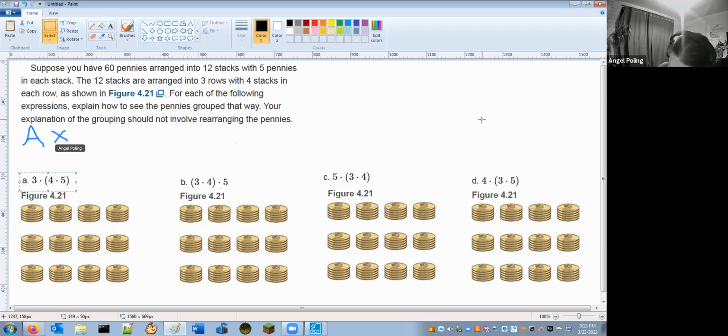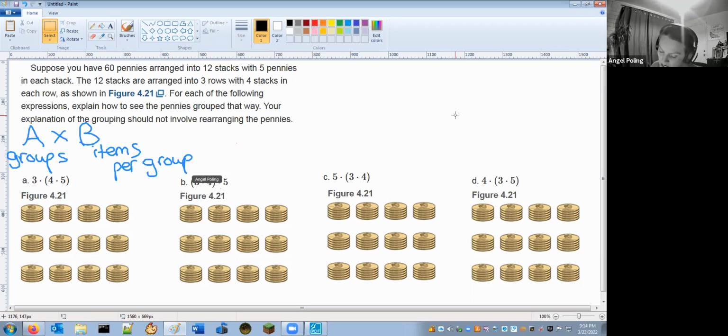The second factor is the number of items per group. Okay, so what we want to express now is the commutative property and the associative property.